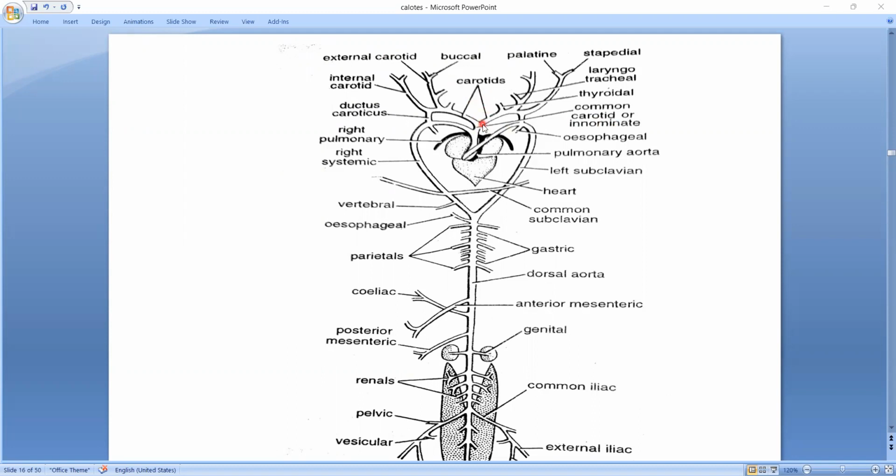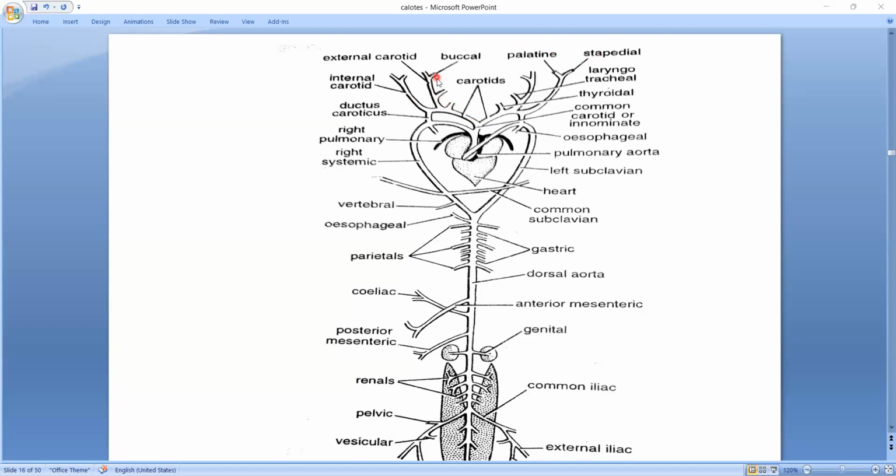Each carotid artery is bifurcated into external carotid and internal carotid. Internal carotid ultimately gives blood to the brain, with a stapedial and a palatine. Palatine gives to the palatine area, stapedial to the brain.